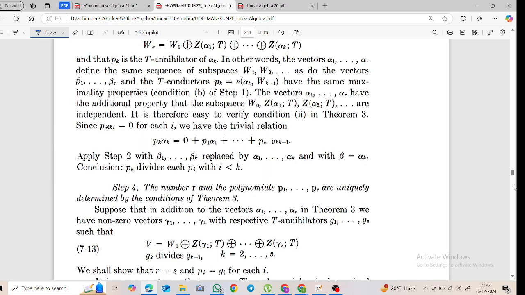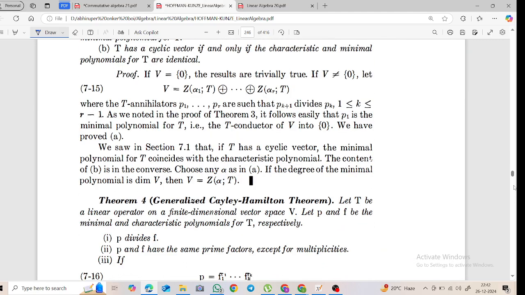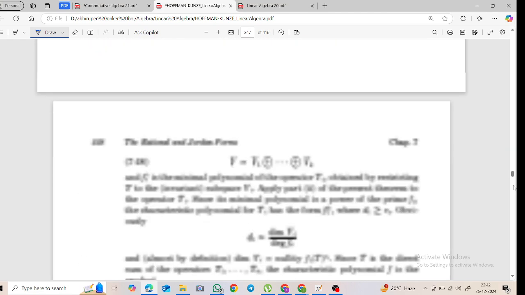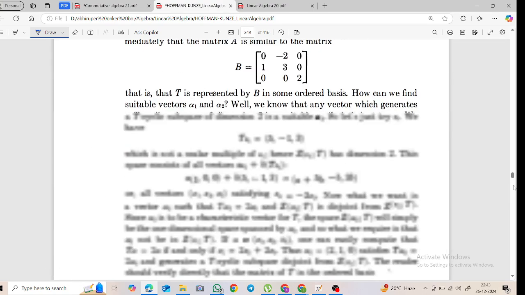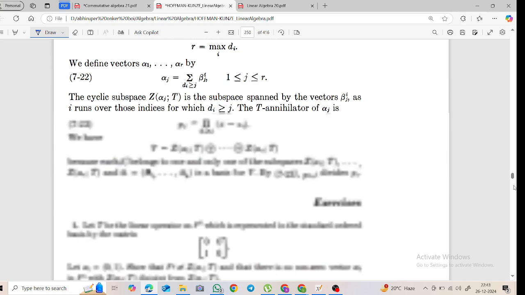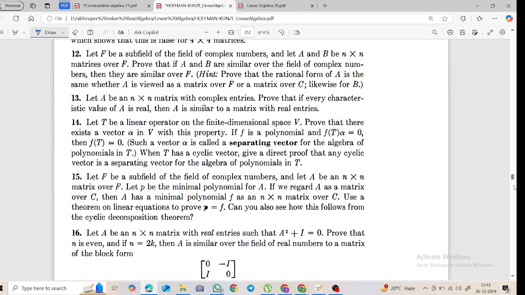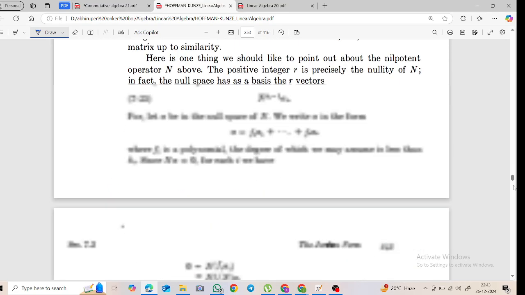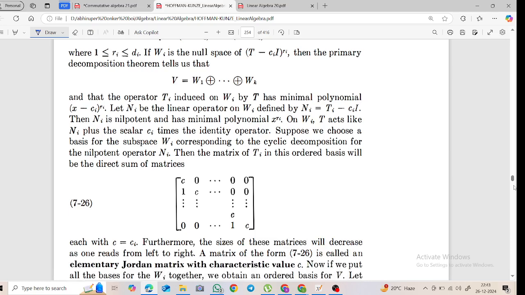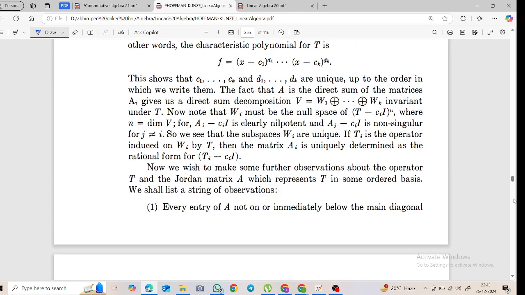I believe I will have to skip the proof in the next class, because the cyclic decomposition proof is very long. It is extremely long. Yes, the Jordan form is here, but we won't be able to skip the previous chapter. We will have to do it. Okay.